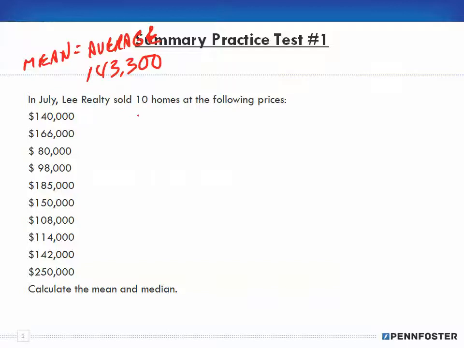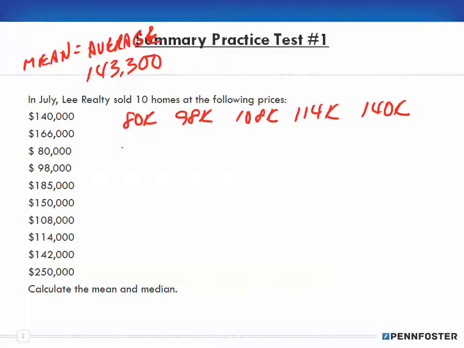So I have 80,000, then 98,000, 108,000, 114,000 and 140,000.